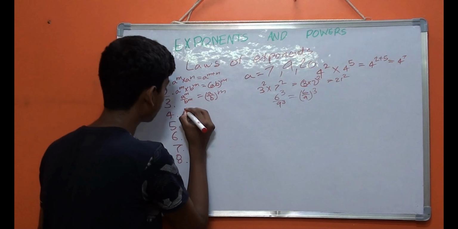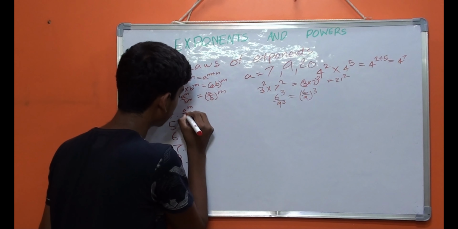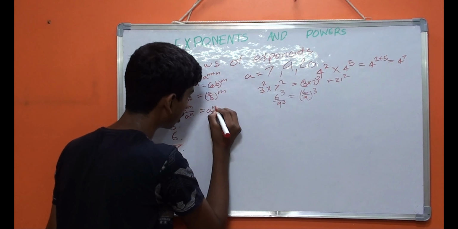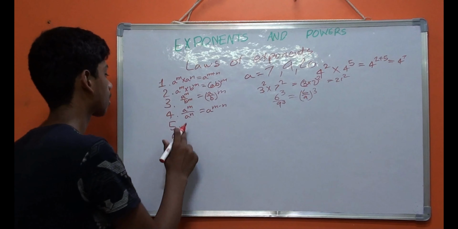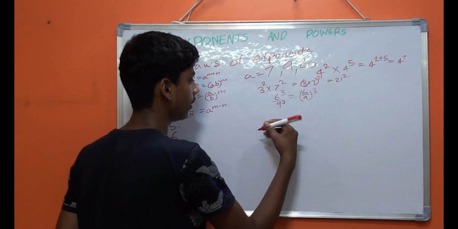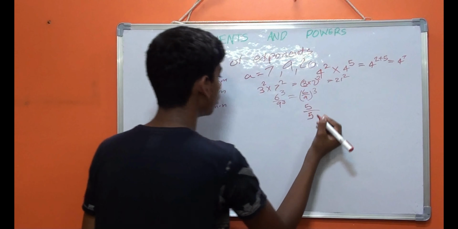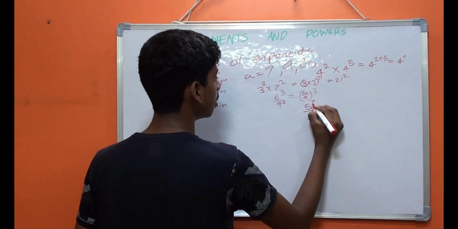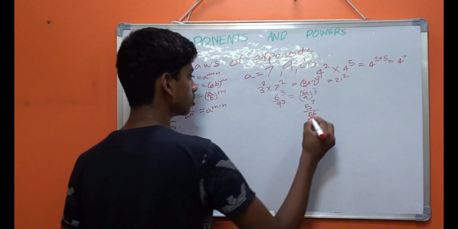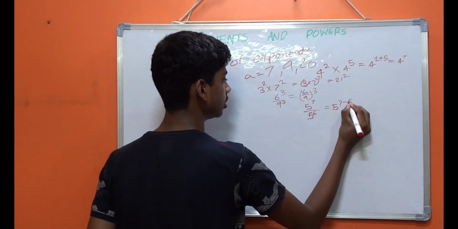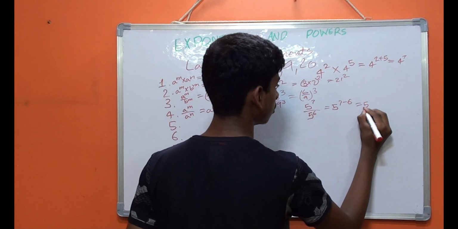Now the next one, a power m by a power n, and this equals a power m minus n. Here let's take a as 5, its power as 7 and this as 6. So now this equals 5 power 7 minus 6, which equals 5 power 1.